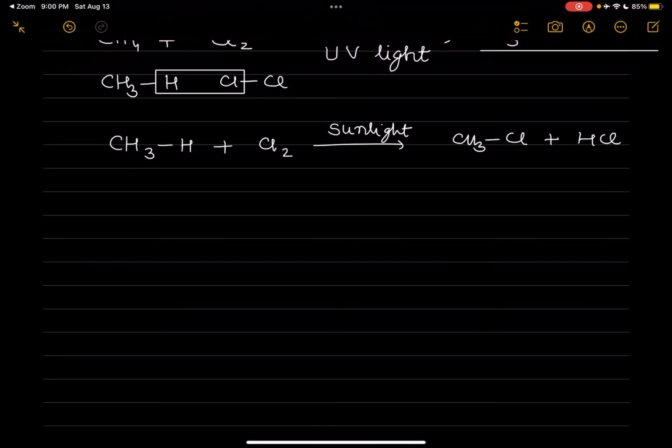Suppose the first time, you are going to get CH3Cl and HCl. And CH3Cl, if you react it with more chlorine and sunlight or UV light, what is going to happen? What is going to form?